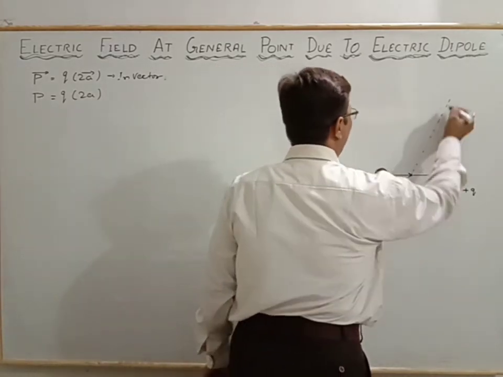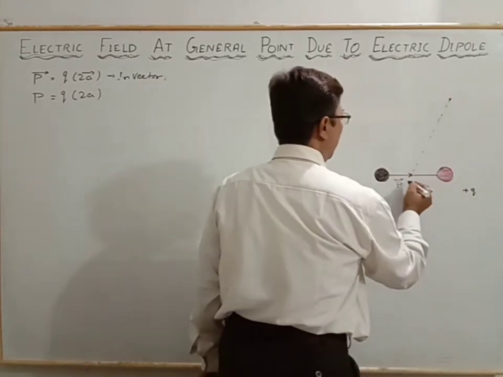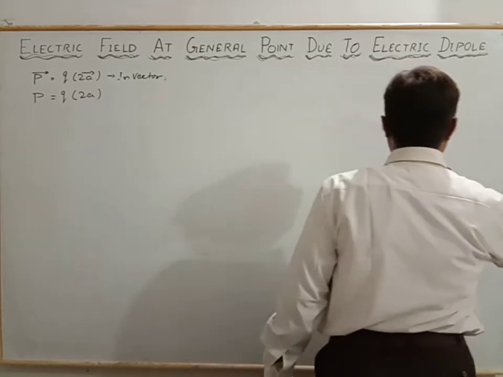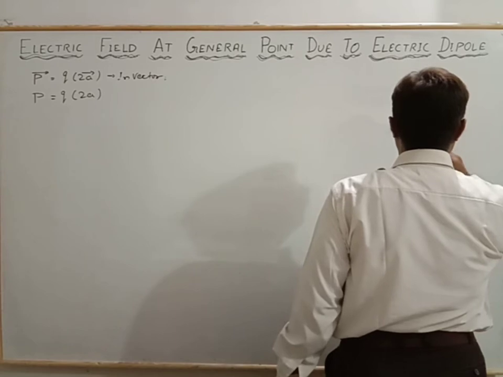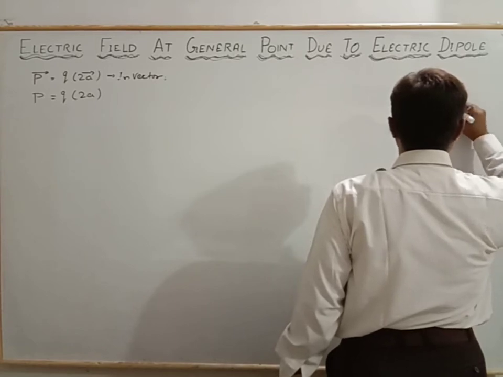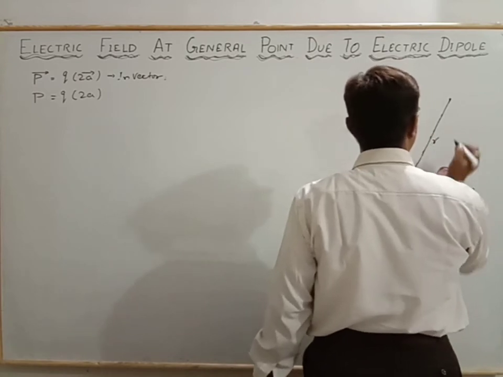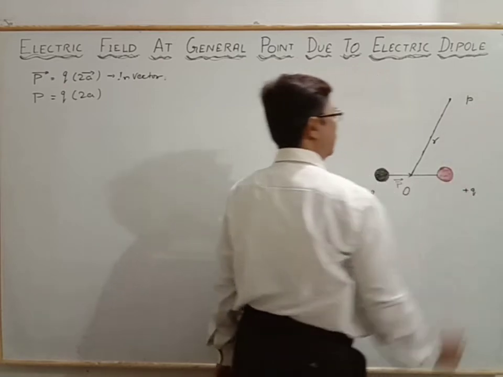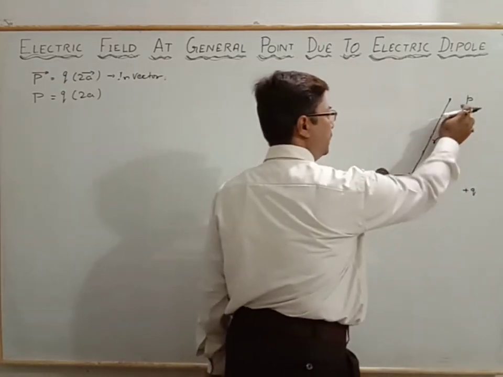Suppose any general point is here at distance r from the center of the dipole, where O is the center of the dipole, and this is the distance r. Let the point be the small p. Here we use the dipole moment capital P, and here it is the small p.